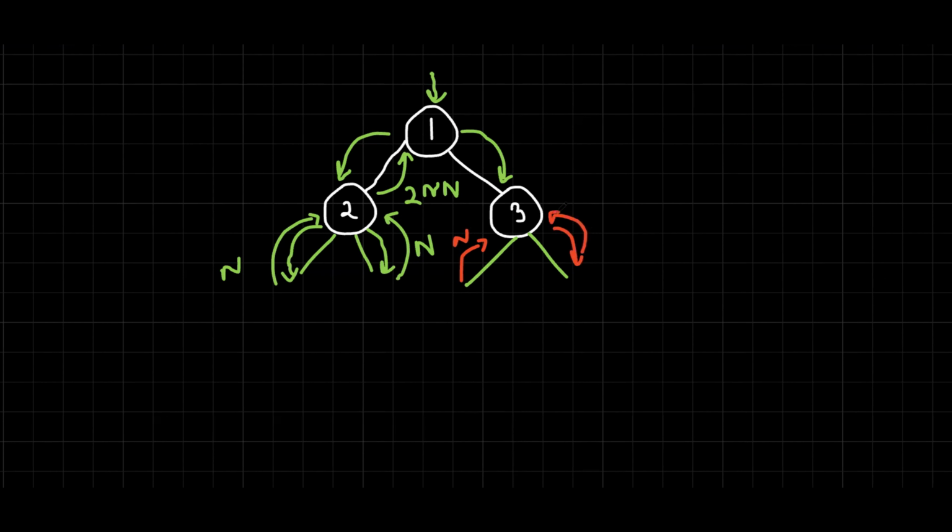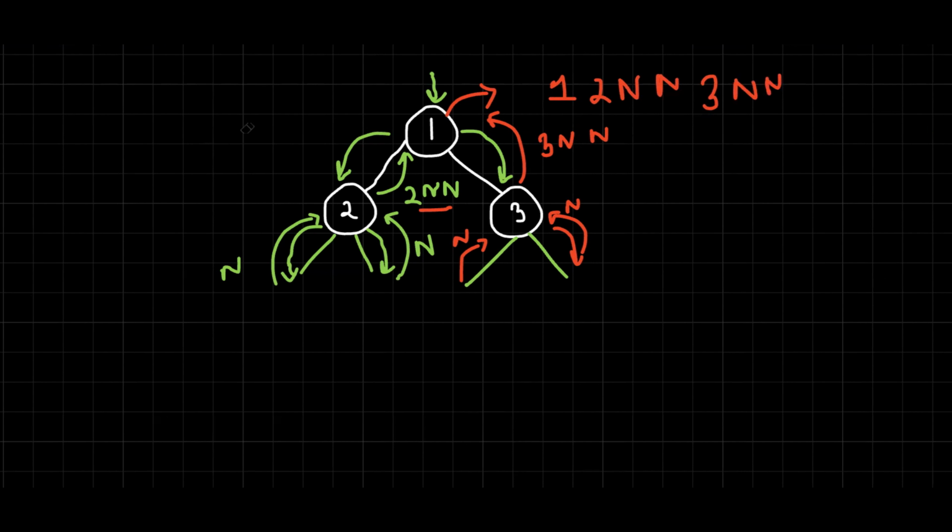It will also return the value n. Now 3 will return the value 3 itself and its left child's value n plus its right child's value n. And 1 will return the value 1 itself plus its left child's value, which is 2 and n, and its right child's value, which is 3 and n.